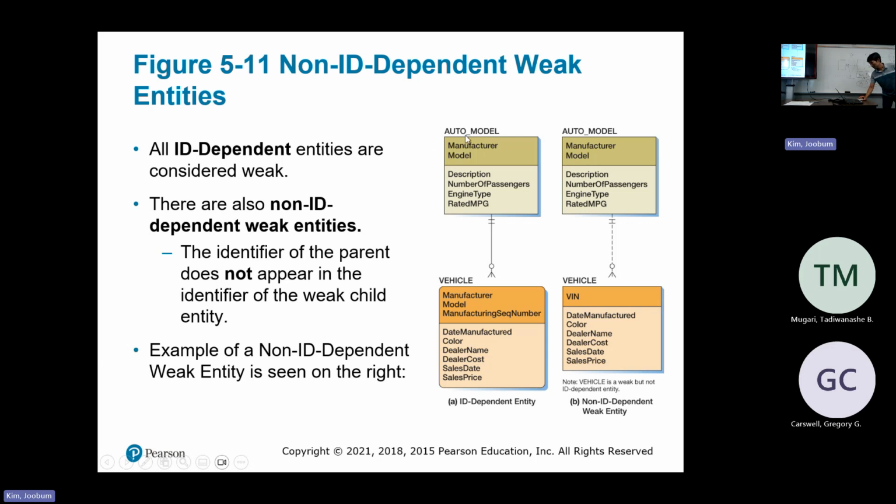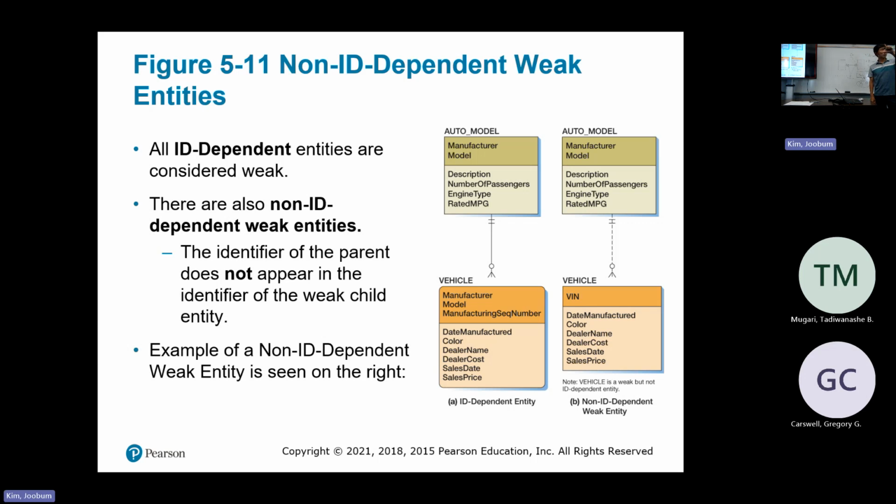So the strong entity is a car model, and the ID dependent entity is a vehicle. When the manufacturer makes a car, first of all, you can design the entity automobile. For example, I'd like to make the pickup truck. Maybe you can add some attributes, something like that.